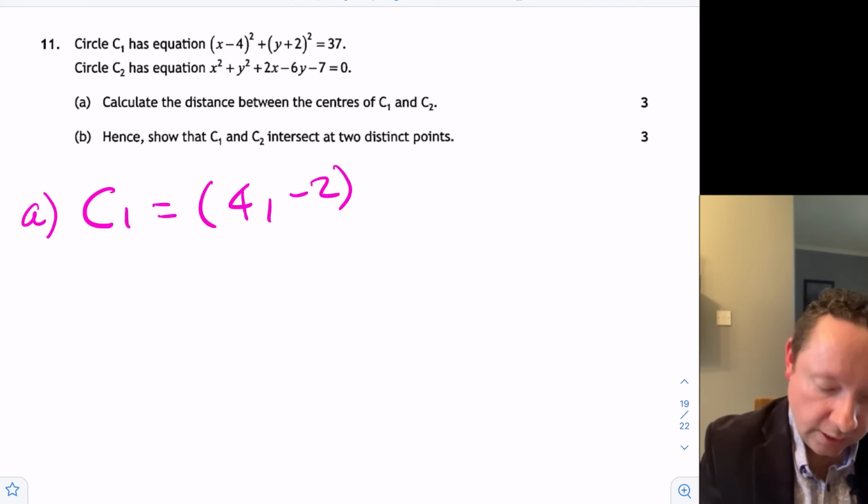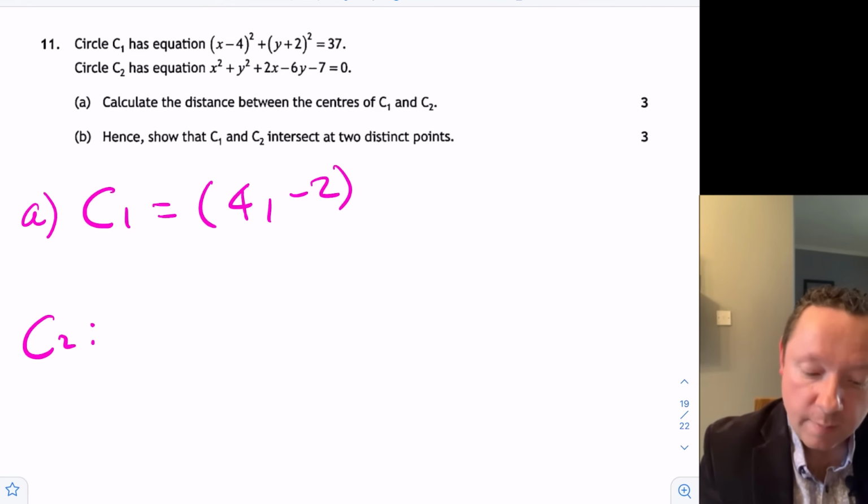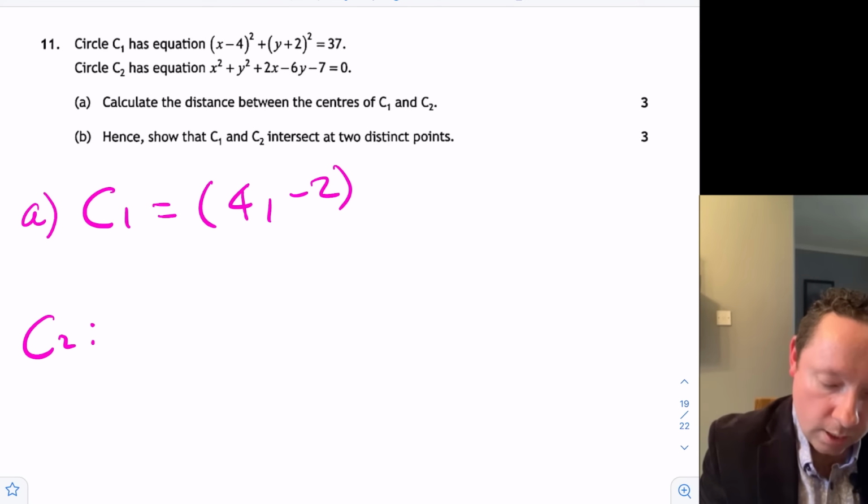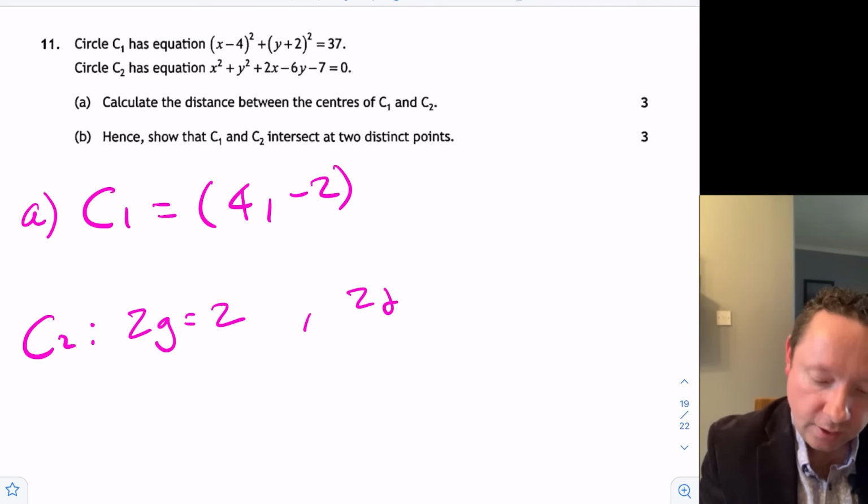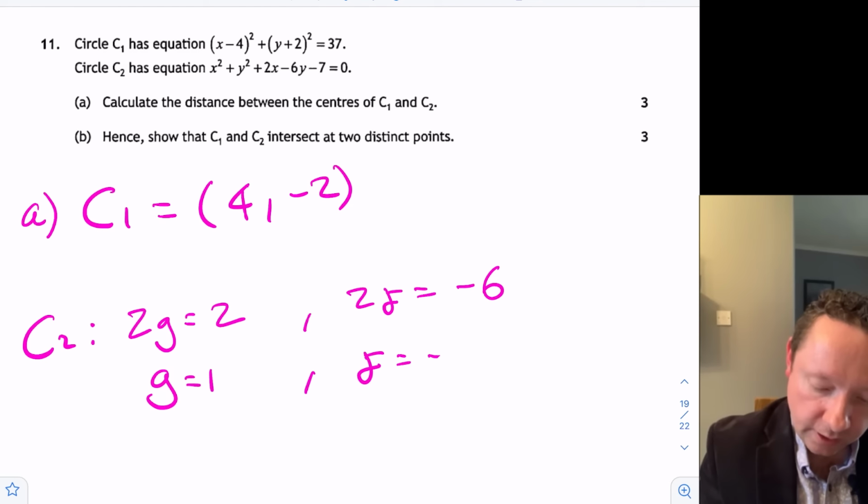For the centre of C2, if we examine C2 first of all, it is minus g, minus f, where that is 2g and 2f. So we know that 2g equals 2 and 2f equals minus 6. So g is equal to 1 and f is equal to minus 3.